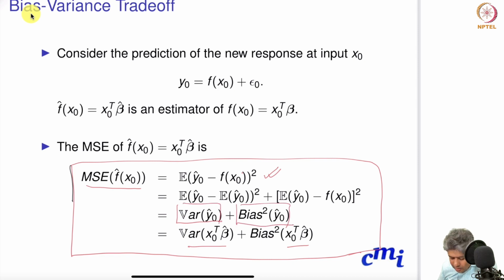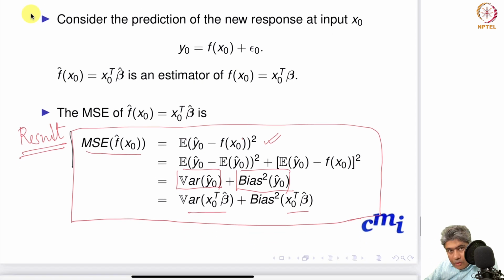I'm not going into the derivation of this mathematics; I'm just going to use this result. In Hastie and Tibshirani's book, Elements of Statistical Learning, you can find the derivation if you are interested.